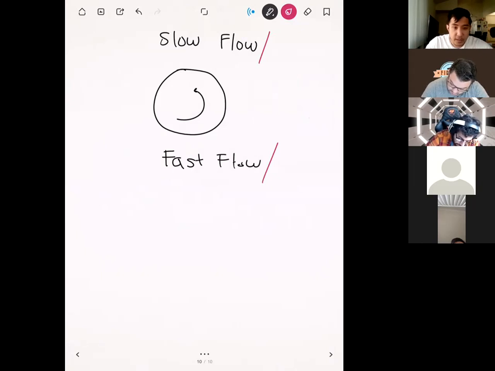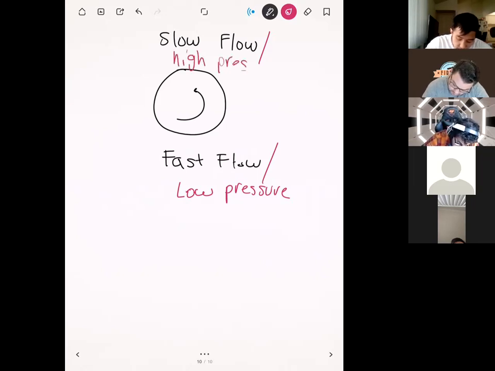Since the flow is faster on the bottom, this means low pressure. And since the speed is slow on top, this means high pressure. So high pressure up top and low pressure on the bottom creates a net force going this way. And that's exactly the force that we observe here.